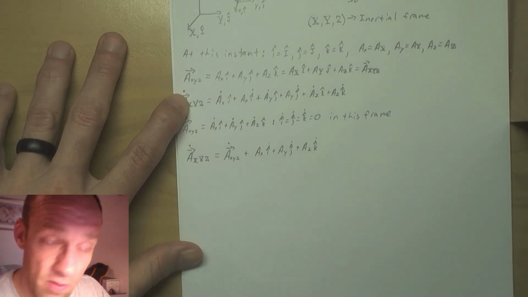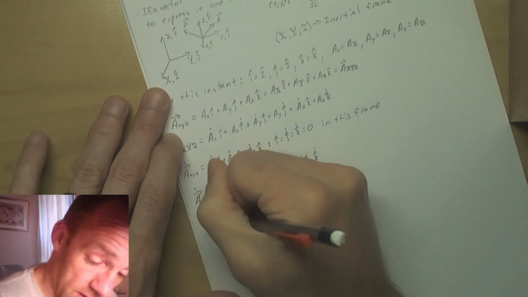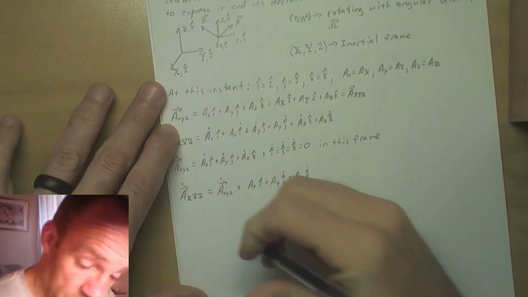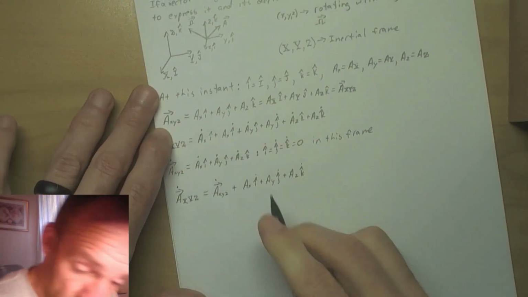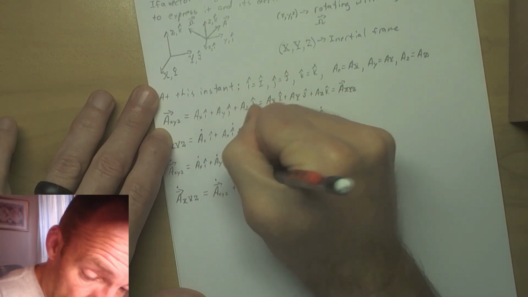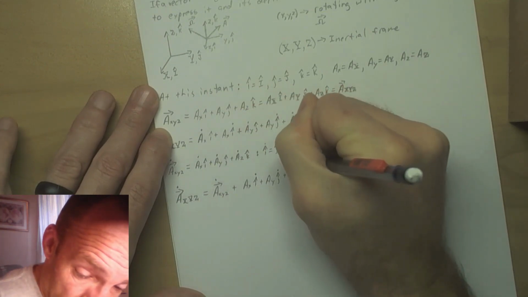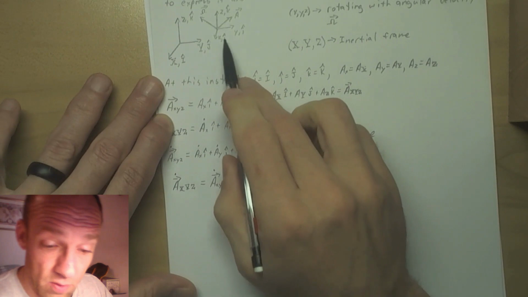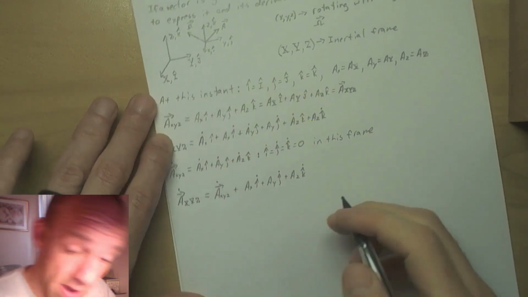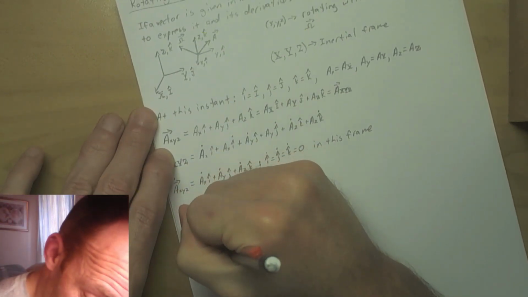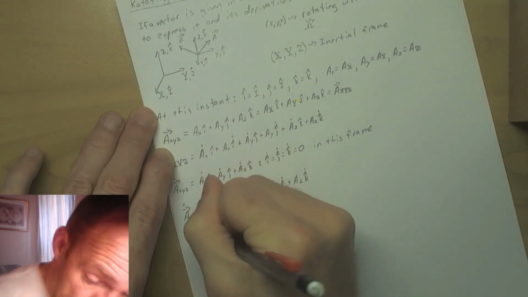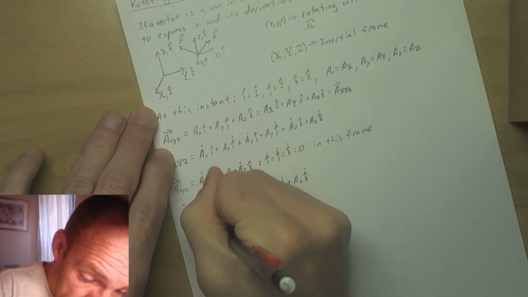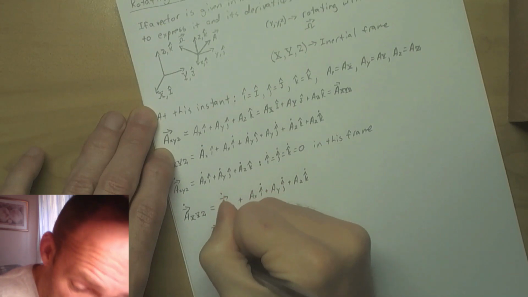Now, it's pretty straightforward to figure out what the time derivatives of these are. They're rotating about omega. So what we have here is a vector omega. And just for instance, let's take the i vector.